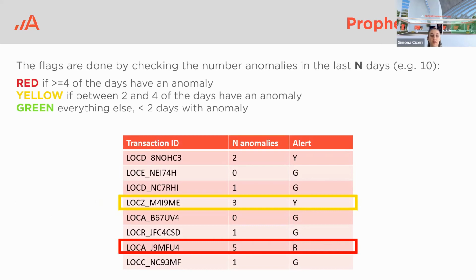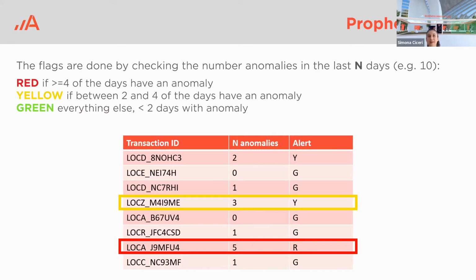Similarly to the linear regression case, also for the Prophet algorithm, we do not raise an alert if just the last data point is flagged as anomalous. In this case, we take into account the last 10 data points, and we count the number of anomalies as we did before.